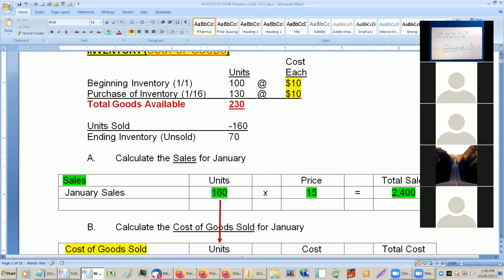I'm having a very good day, so I'm going to pull up the calculator. So 230 minus 160, yeah. So our ending inventory, in other words, the unsold units, was 70.